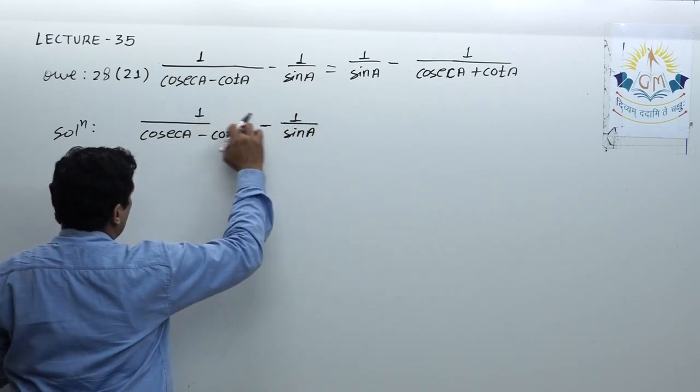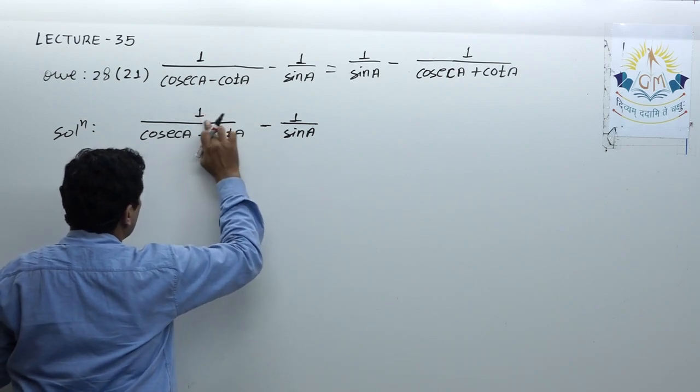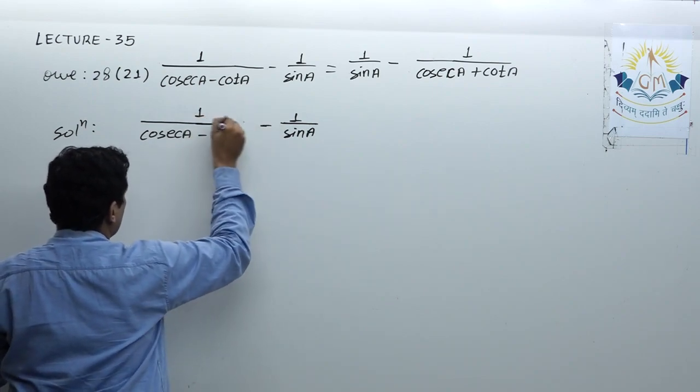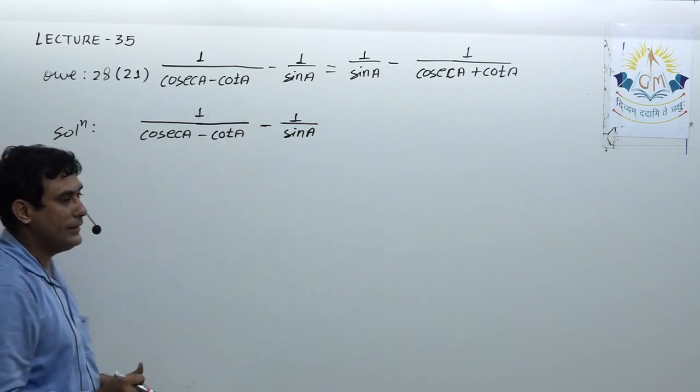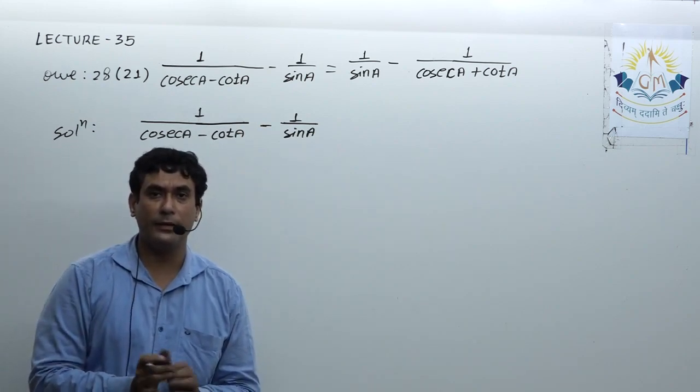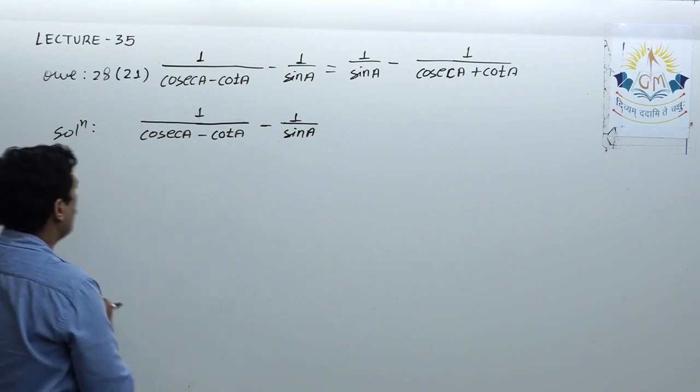So let us start with that method, and after that I will give you one more method, but first we'll go with the traditional method, that is by converting the trigonometric ratios in the form of sin and cos.